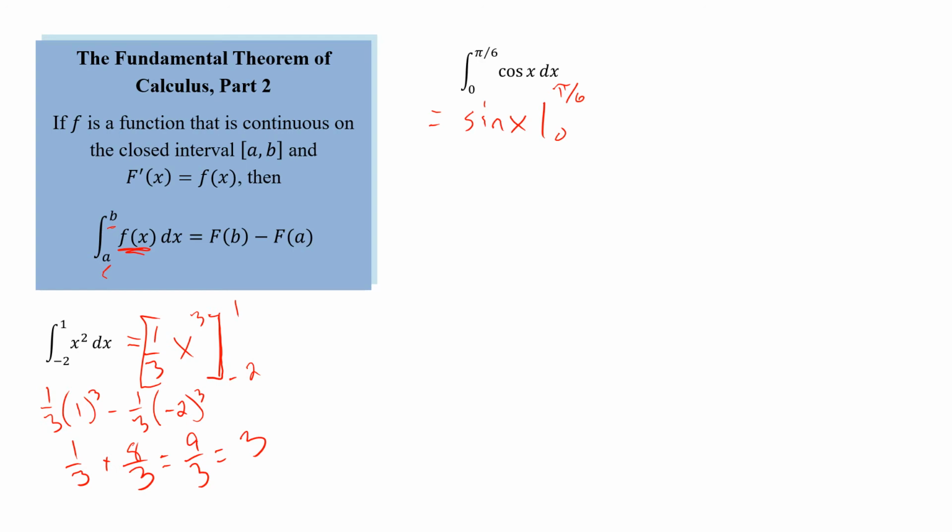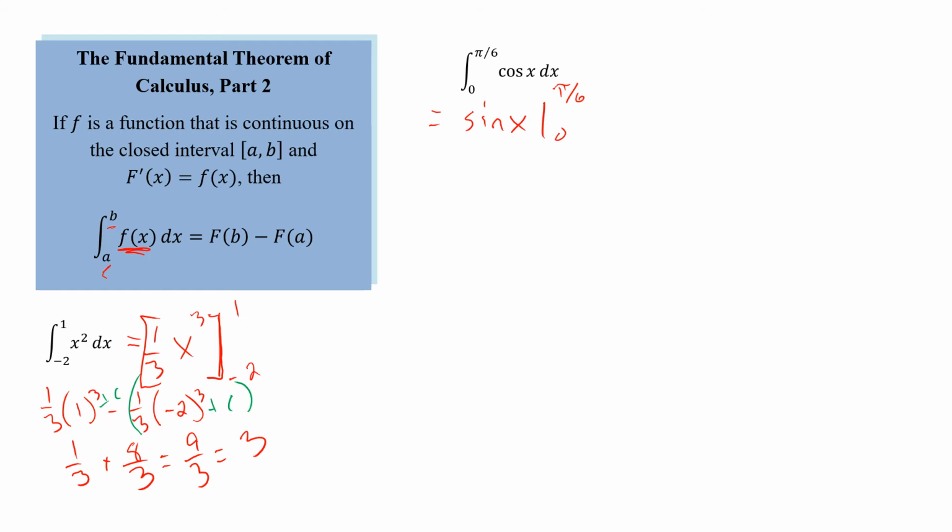You don't need it for this. For the indefinite, you need it, but for the definite integrals, we'd have this plus c, and then minus blah, blah, blah, plus c. That negative sign distributes, plus c's cancel every time. So with a definite integral, you actually don't need plus c, just with the indefinites.